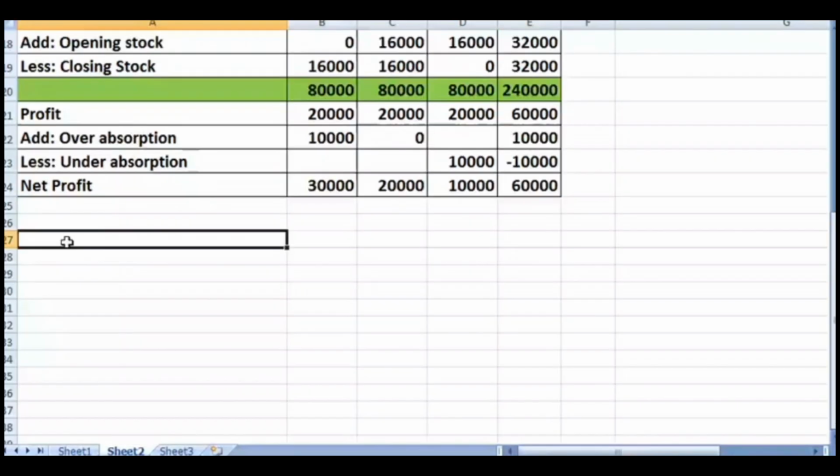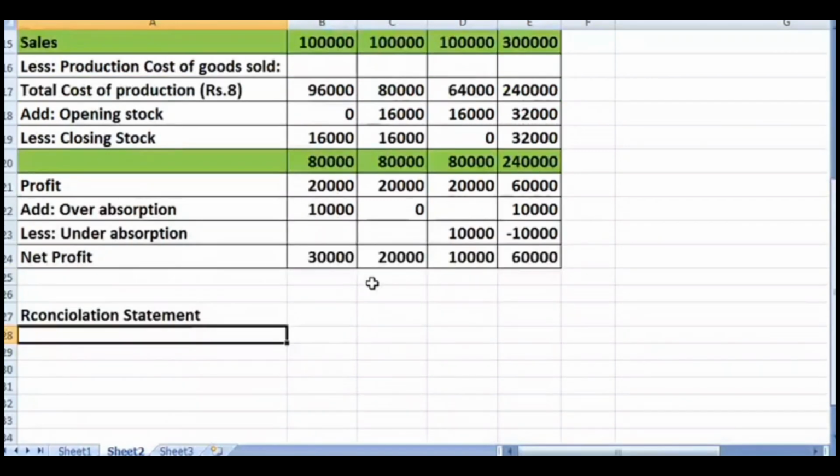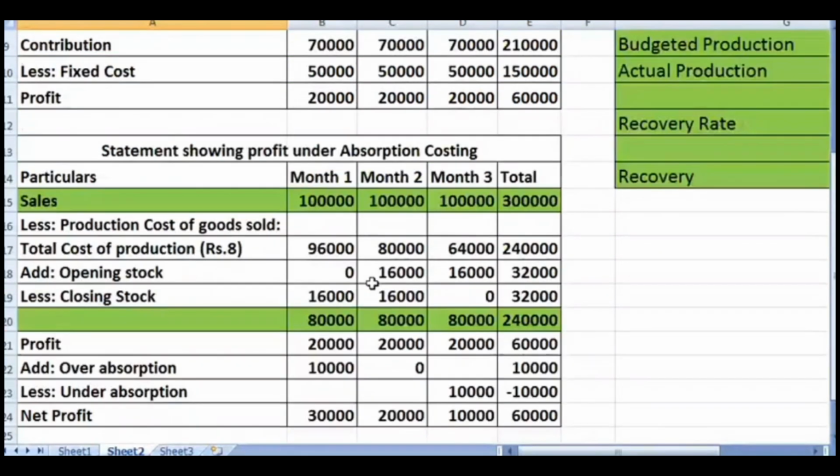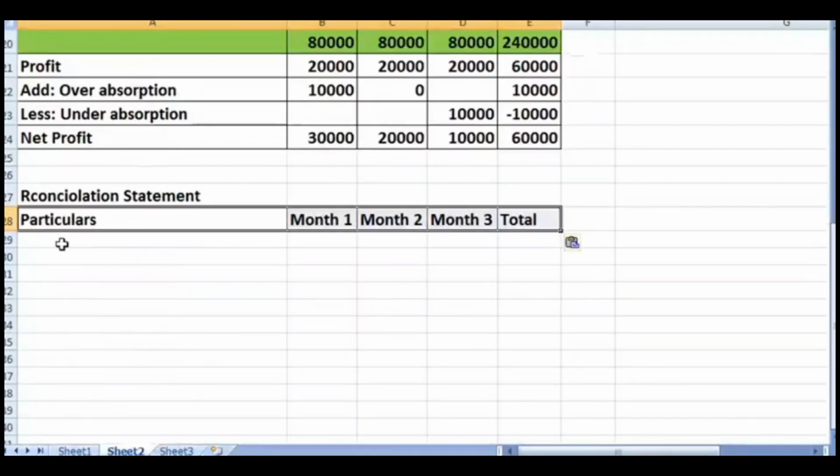Reconciliation statement. Here let us first write 3 months: particulars and 3 months. Then profit as per marginal costing.